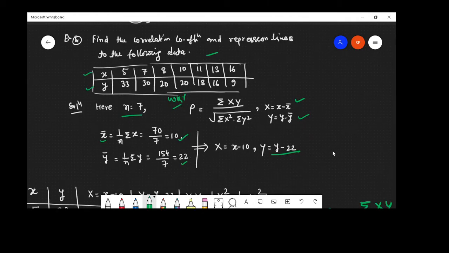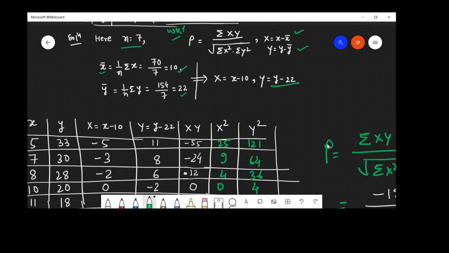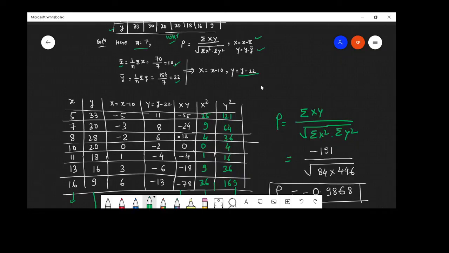We construct the table. Here x and y are given already.